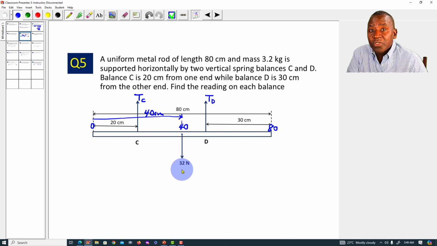There are 3 forces, and we've been asked to calculate TC and TD. So, if I were you, I would take moments about point C so that I eliminate the force which is acting through that point. Or I take moments about point D so that I eliminate the force acting through point D.